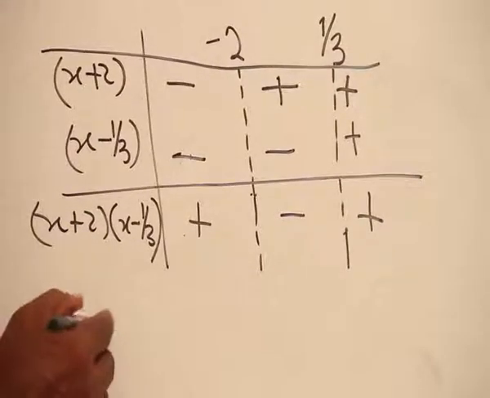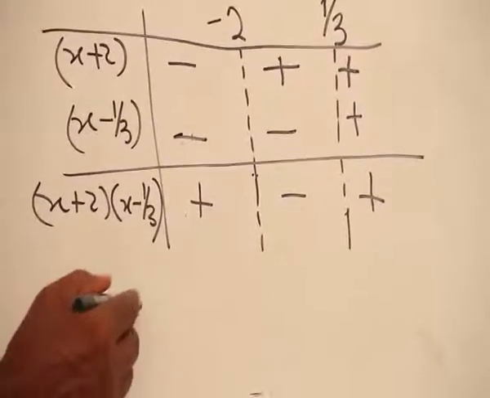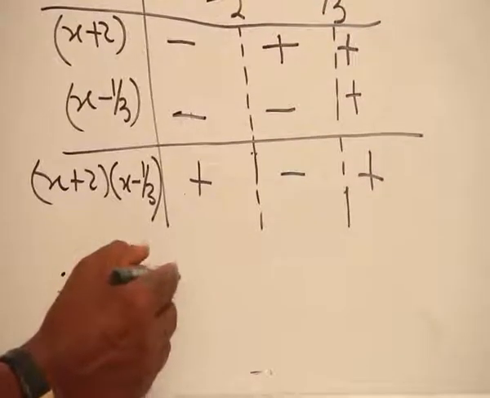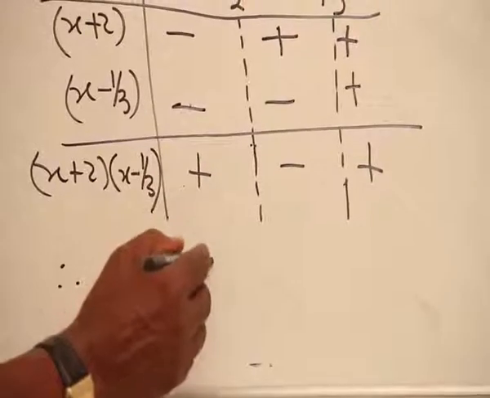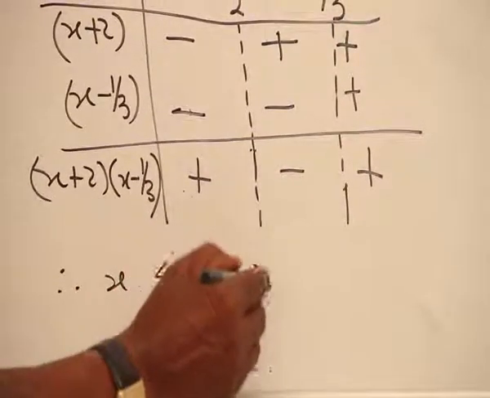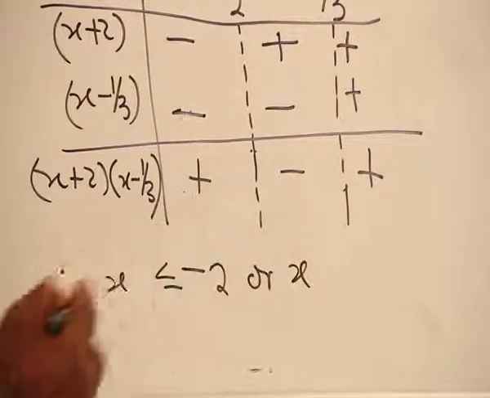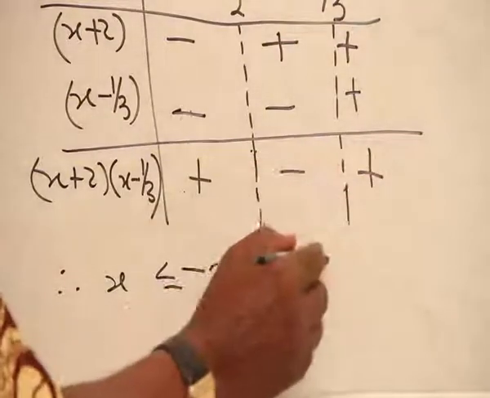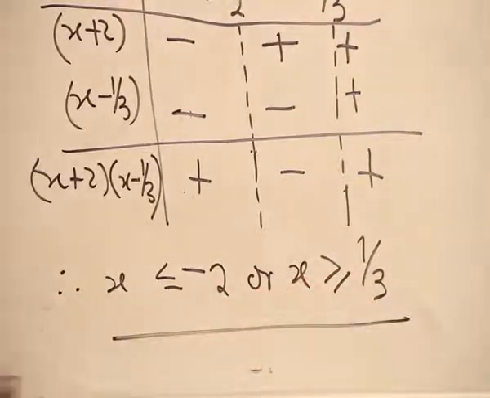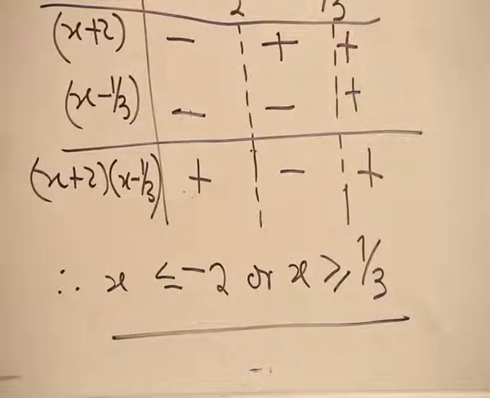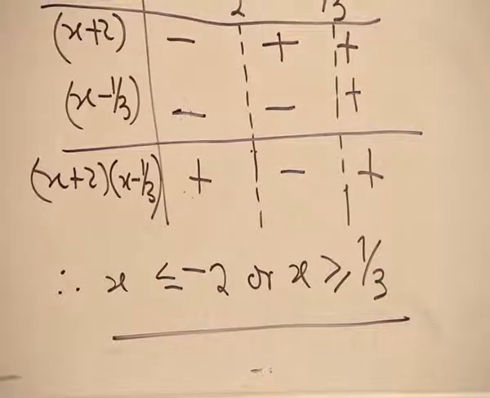Therefore, we say that s is less than or equal to minus 2, or s is greater than or equal to 1 over 3. This becomes the solution when we use the boundary point. It's the same solution when you also use the graph to deduce the values.